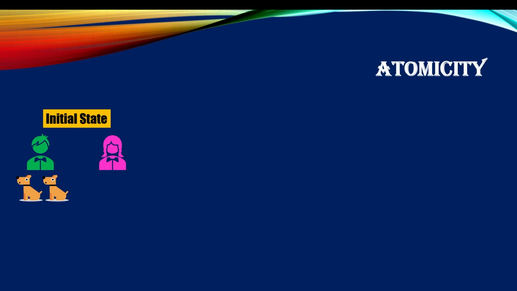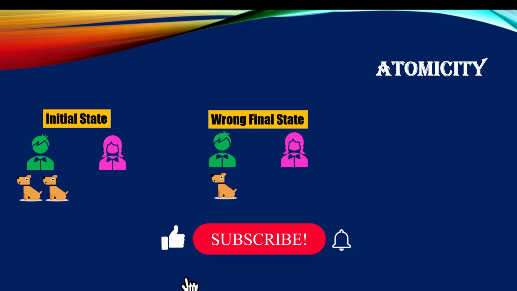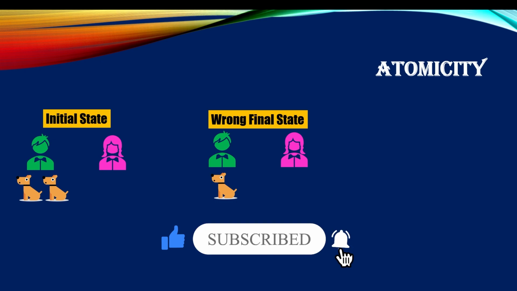So Tom decides to give one of his pets to Cherry, and then this should be the state. But you will say no, this is not the right state, because if Tom is giving one of his pets, then both of them should have one pet each. But what if after the transaction there is one pet with Tom but no pet with Cherry?